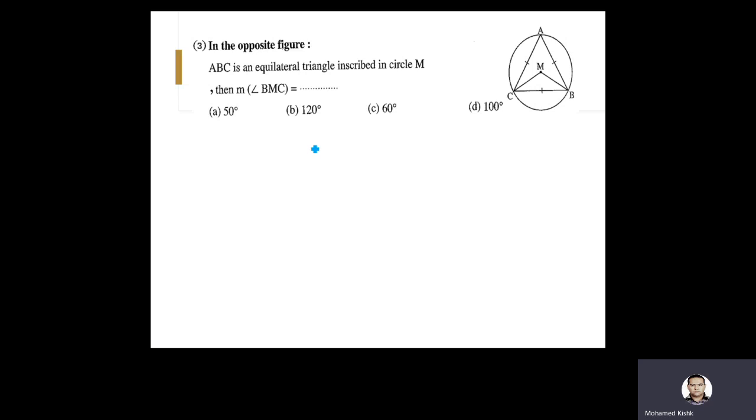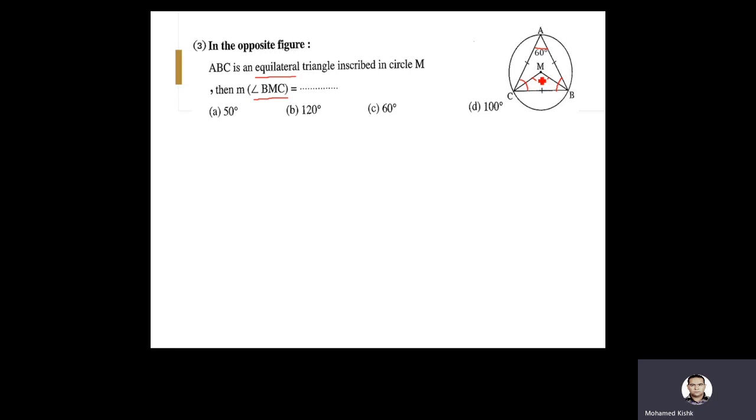Okay, the next question is, we have the triangle ABC, which is equilateral. Equilateral triangle, yes, that means AB equals BC equals AC, and it means also that the measure of any angle of this triangle, angle A or B or C, will equal 60 degrees. Okay, he is asking about the measure of angle BMC, this angle.